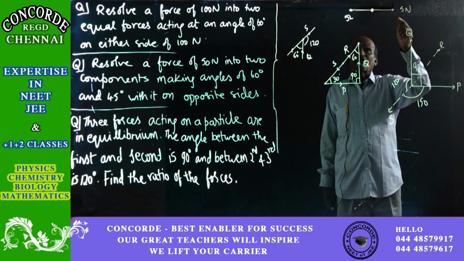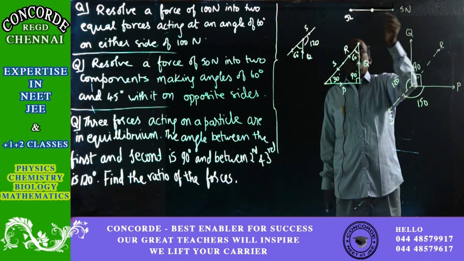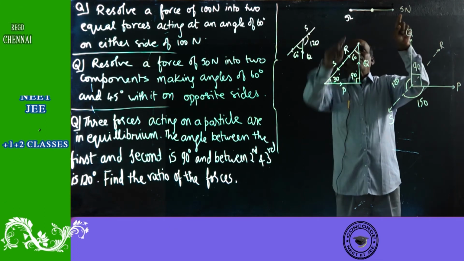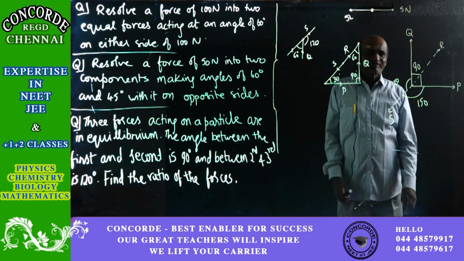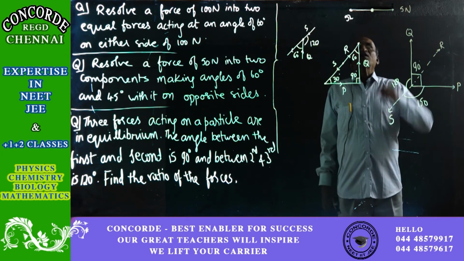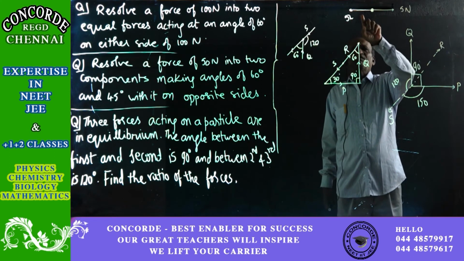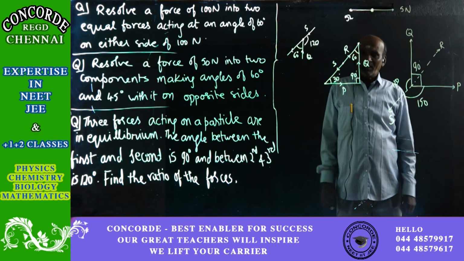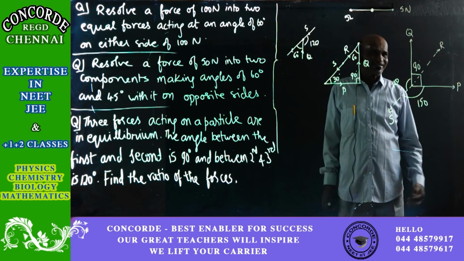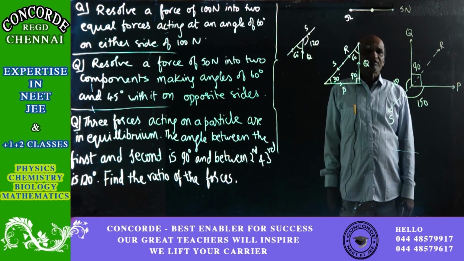So equal also, equal force exactly in the opposite direction, they will balance, so body will not move. So if there is a single force, then exactly opposite of that we will have to bring the other force for rest condition, equilibrium conditions.